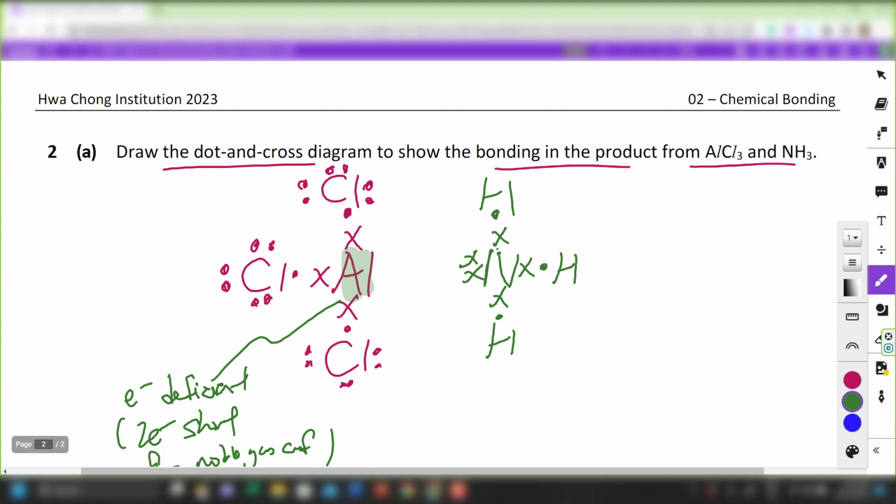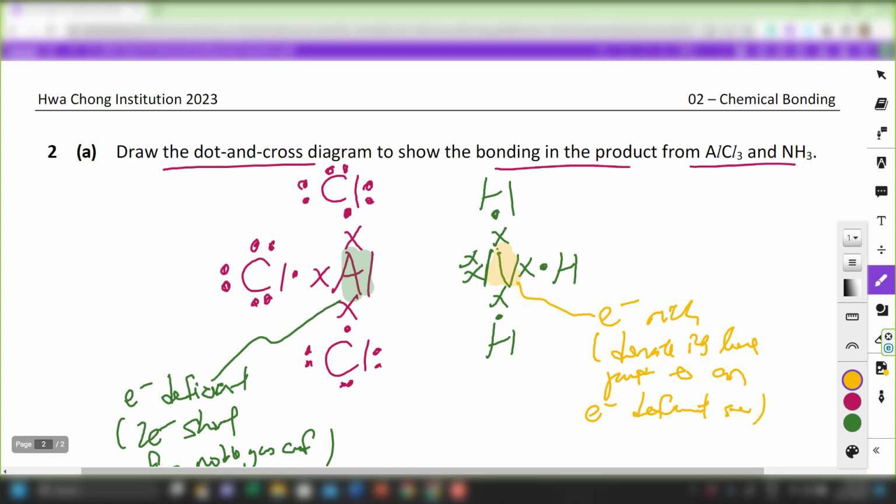So 5 valence electrons, so you have a lone pair on the nitrogen. In this case, we say that the nitrogen center is electron rich, because it can potentially donate its lone pair of electrons to an electron deficient site.